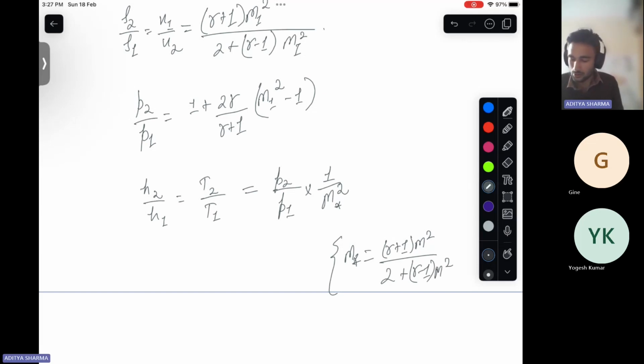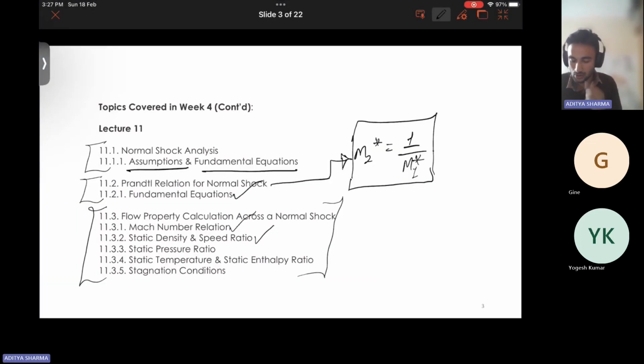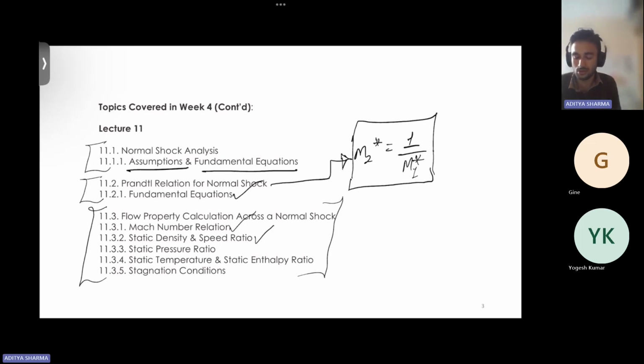So this is H2 by H1, the static enthalpy ratio. I'm writing all these relations so that when we do our questions, these relations are in our hands and we can use them.